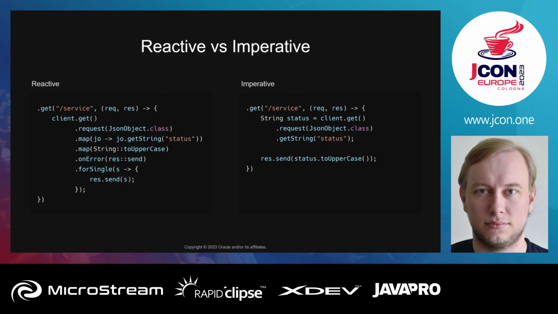Right now, we can just perform GET, we can request it to be handled as a JSON object, and then wait and block until the response is received. And once it's done, just say, okay, give me a status out of the JSON object we have received, and then send it to the original caller of this endpoint.